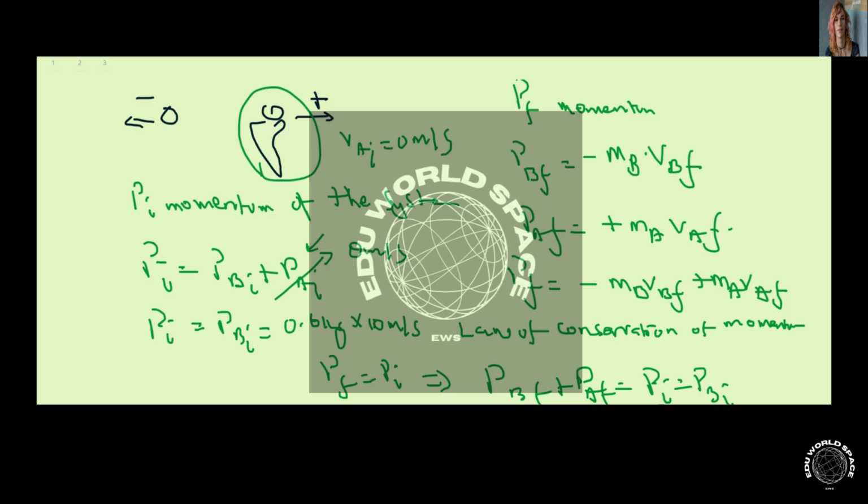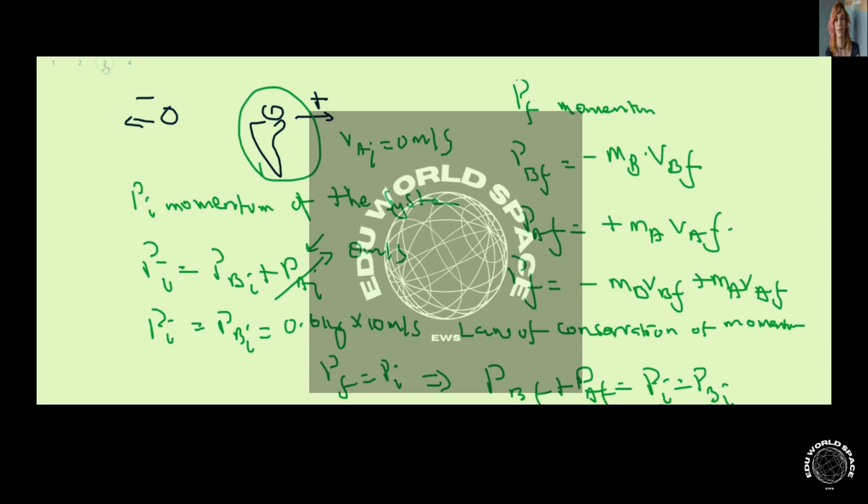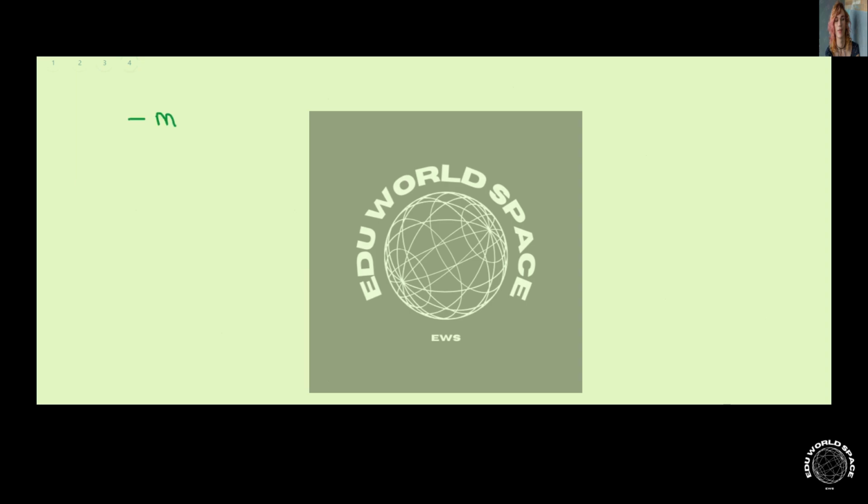So if we go to the next page, we can simplify the problem by saying we have negative MB VB final plus MA VA final equals MB, sorry, MB is the mass of the ball.